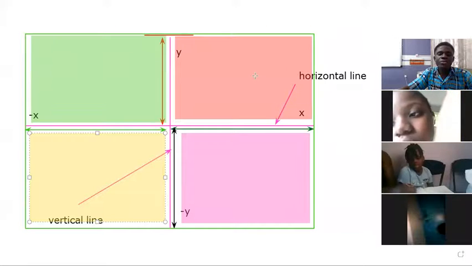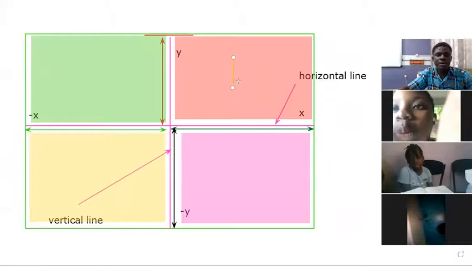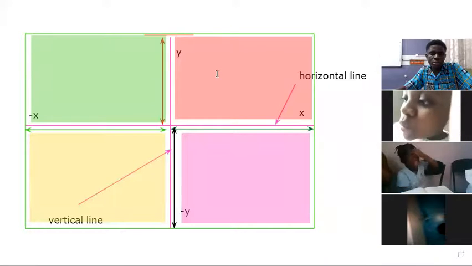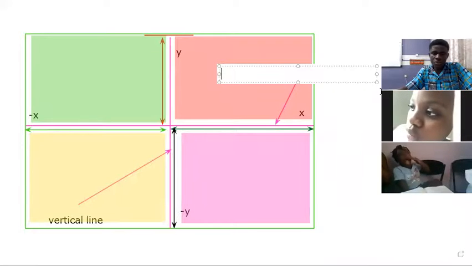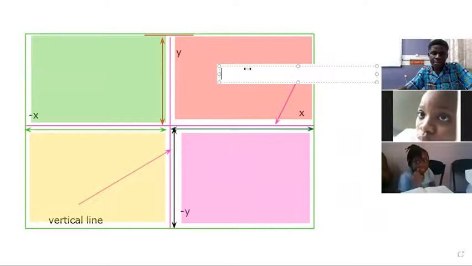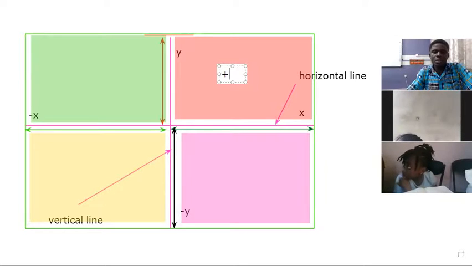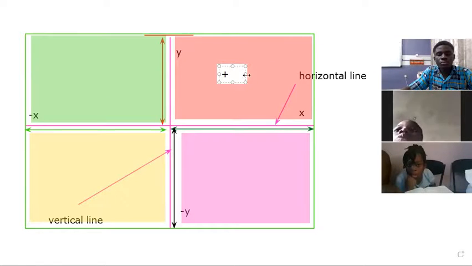So this red box can be known as the positive area because both the X and the Y are positive, so we can write plus here. Plus to indicate it is positive. So this is the positive area.